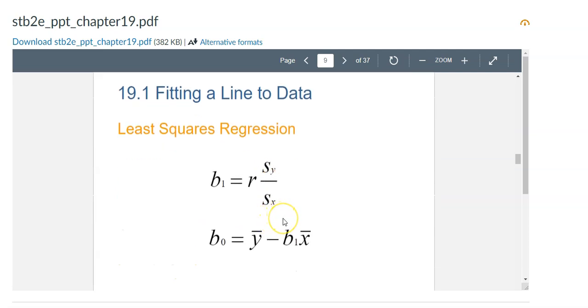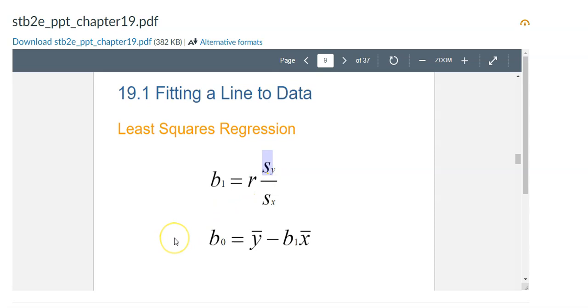Okay, fitting a line to data. So what formula do we use? Remember that we don't use these formulas on my exams, but to answer questions on homework and the final exam, you might need to remember and know these formulas. So B1, which is your slope, is calculated from the correlation R, which you learned in the past, times SY.